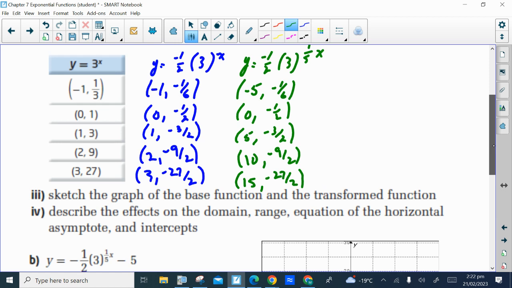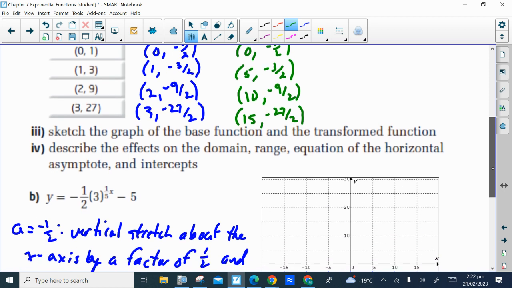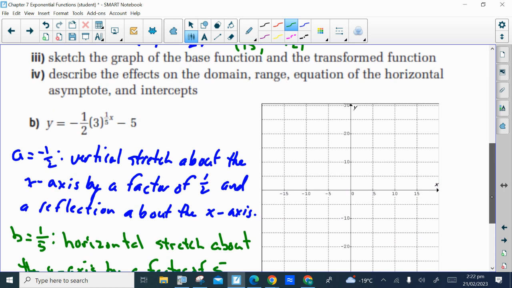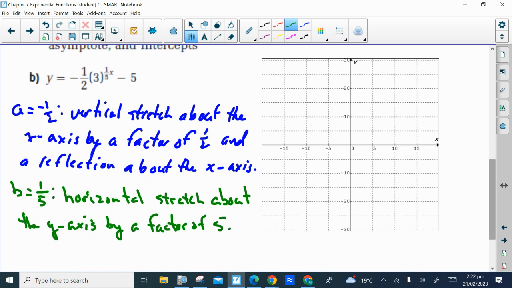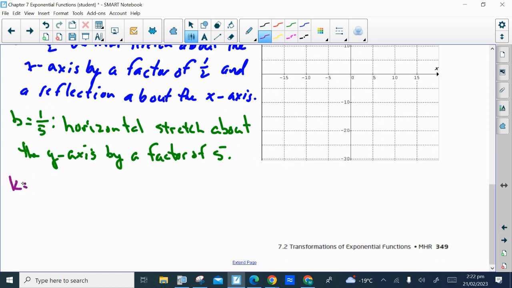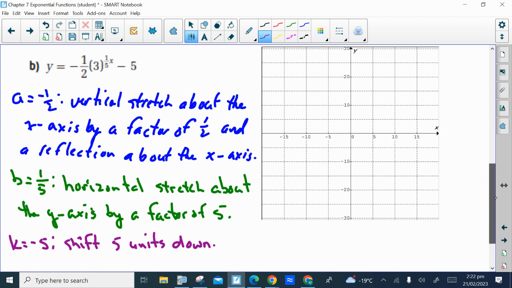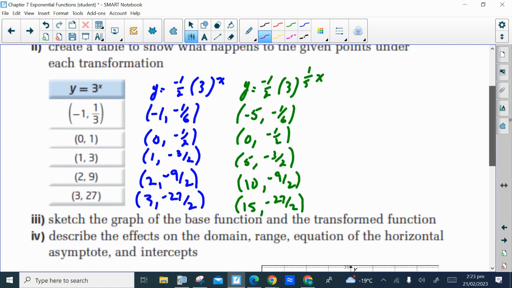Right? So there's those points after we've done that. And then finally, we've got that minus 5 on the very end. That would be a k value of negative 5, which means the graph is going to shift 5 down, which means you're going to decrease all the y values by 5.